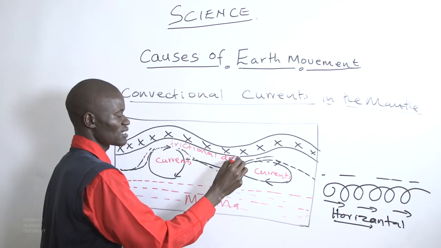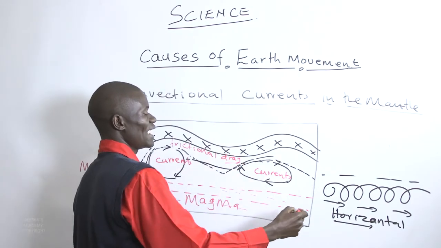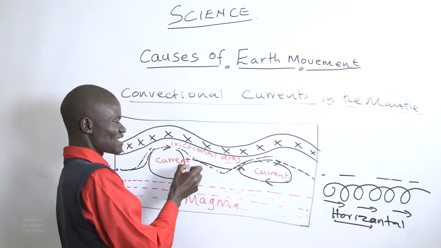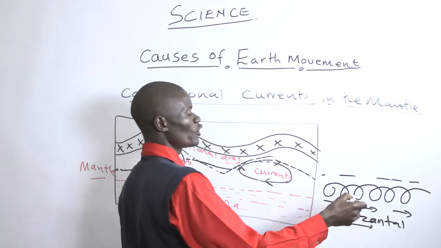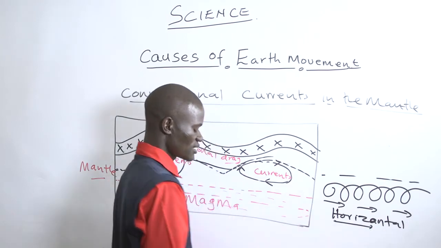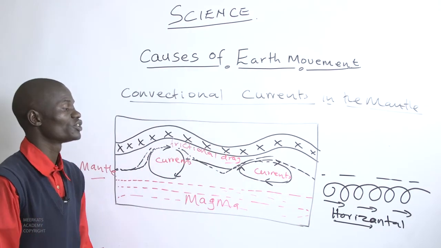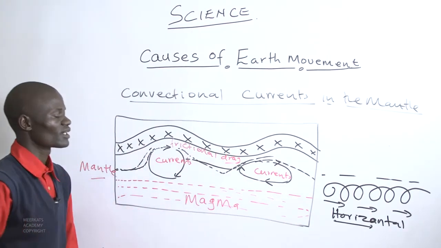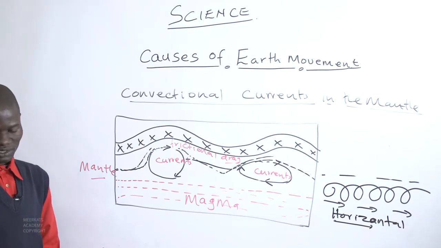They are going to drag some of these rocks horizontally, and in the long run, the speed at which the currents move is going to accelerate a horizontal earth movement. And this is how you can see it in this diagram.